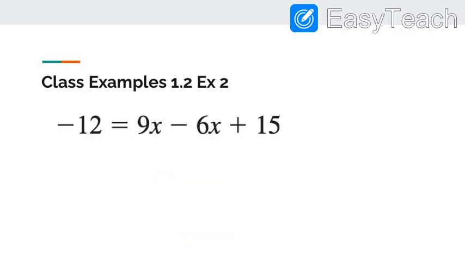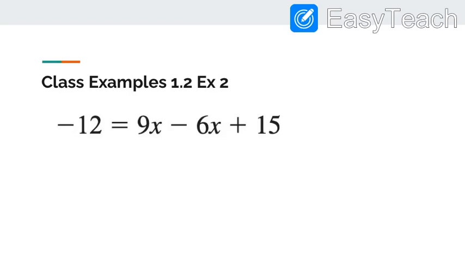Alright, another example very similar to this. The first thing we want to do with this one is read our problem. So we have negative 12 equals 9x minus 6x plus 15. Well, notice that we have x's and we have variables. So within this one, we have to put these things together.